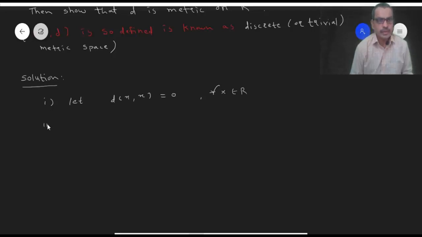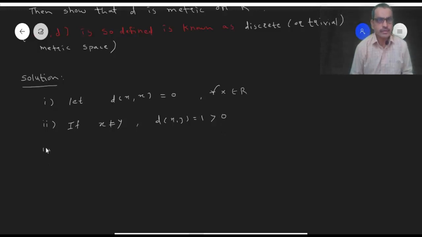Second, if x is not equal to y, then d(x,y) is equal to 1, that is, this one is greater than 0. If x is not equal to y, then d(x,y) is equal to 1, then 1 is greater than 0. This is the second condition of metric space.